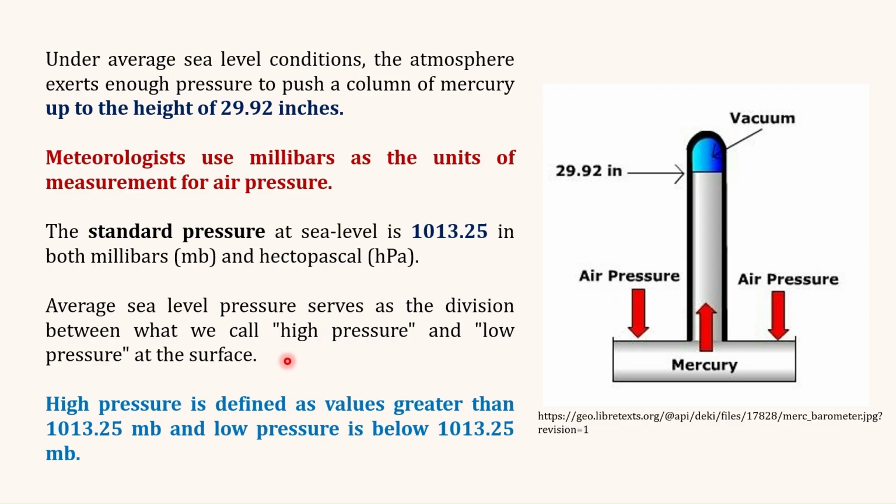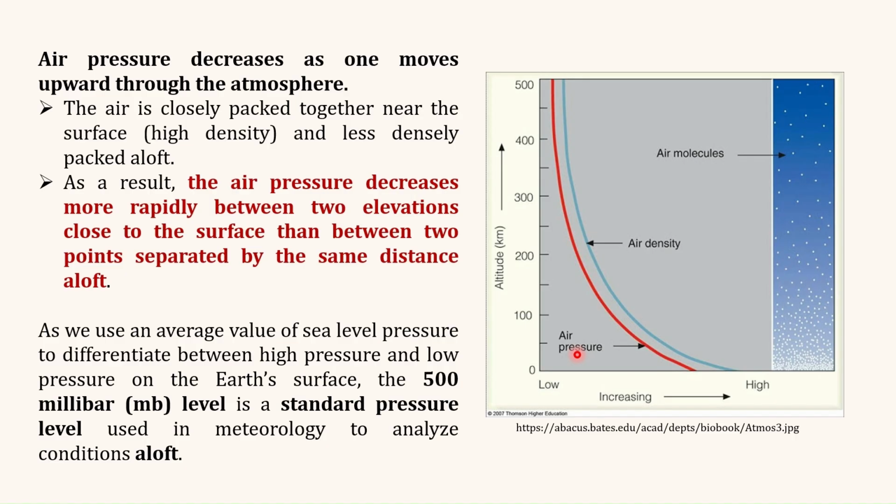Means at any location, if the value of atmospheric pressure is more than 1013.25 millibar, it is referred as the high pressure, and if the value of atmospheric pressure is less than 1013.25 millibar, it is referred as the low pressure.